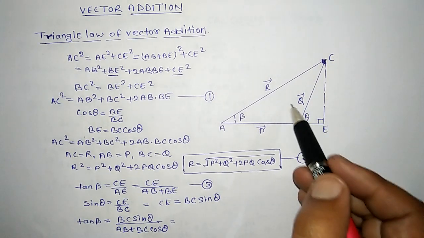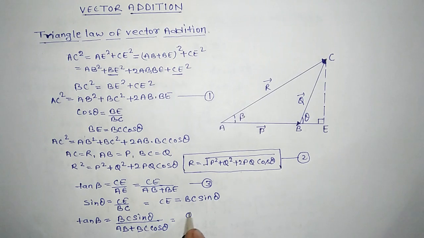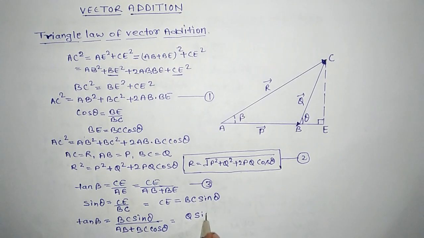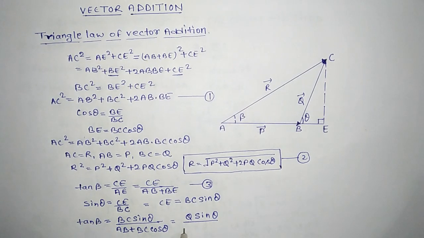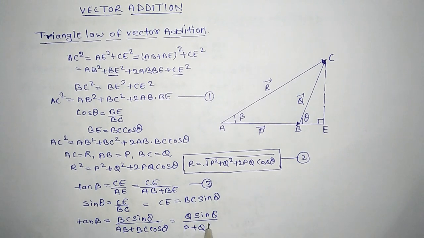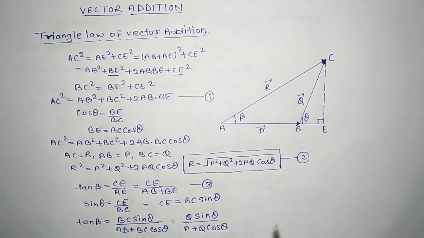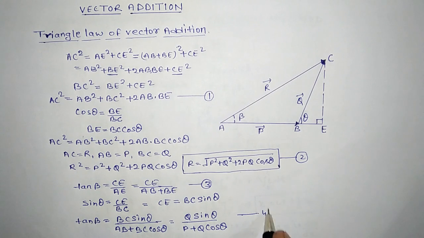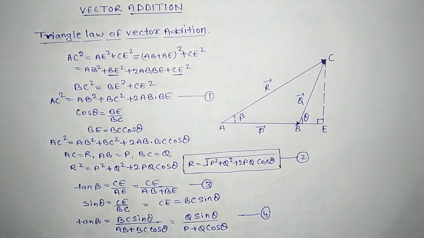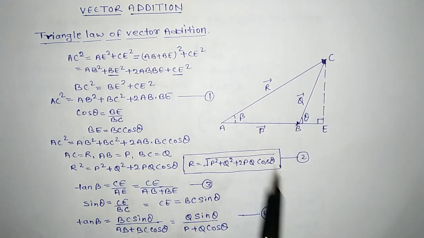BC represents vector Q, so it is Q sin theta upon P plus Q cos theta. This can be written as equation number 4. This is the formula for calculating the direction of the resultant from this vector P.